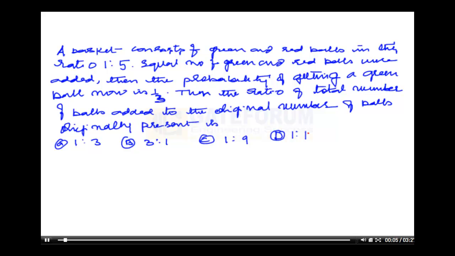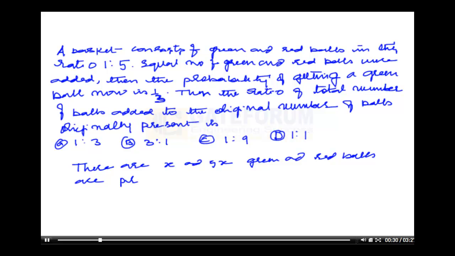We are given green and red balls in the ratio 1:5. Therefore, let us consider that x and 5x green and red balls are present.